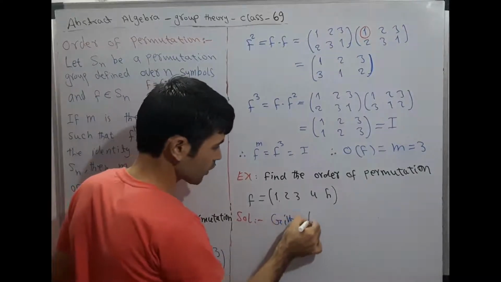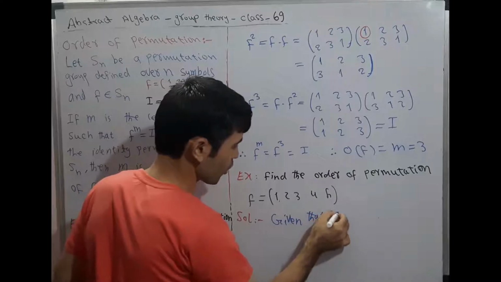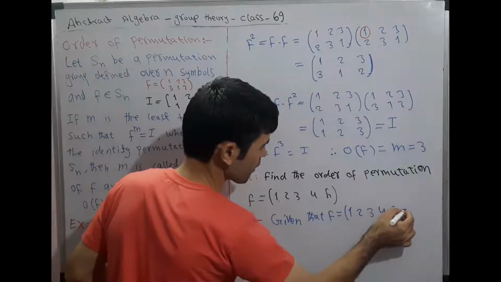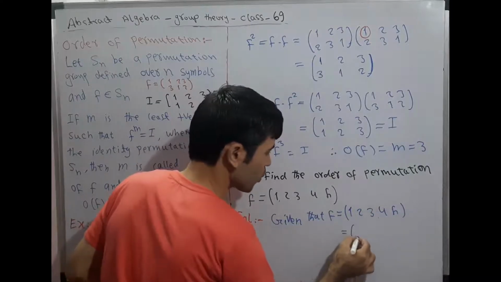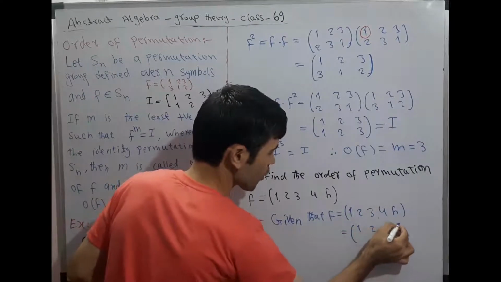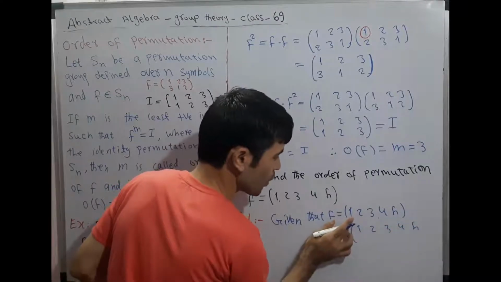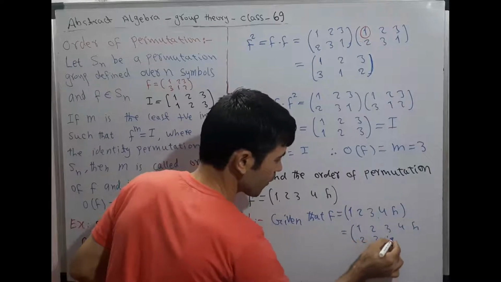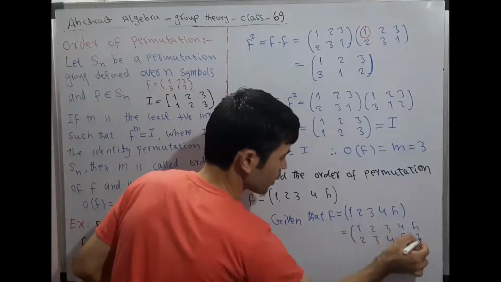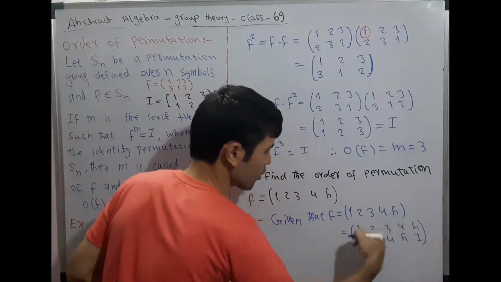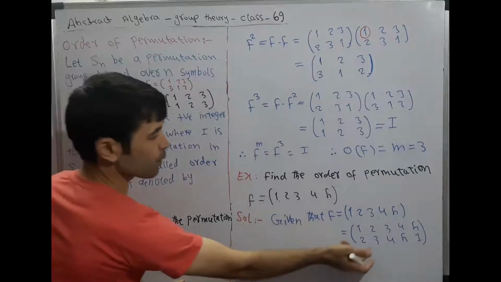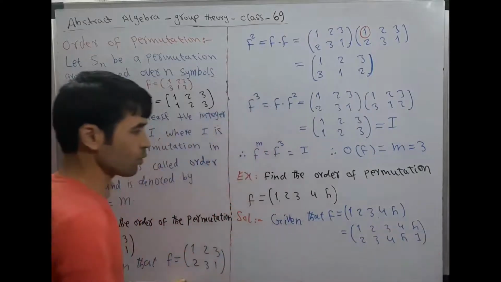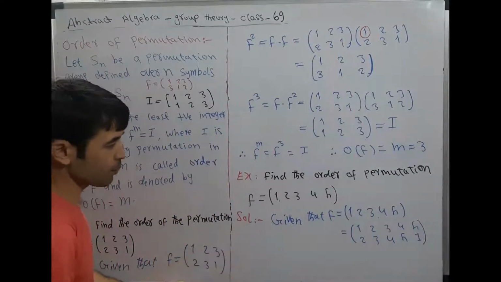Given that f is equal to 1, 2, 3, 4, 5. We do not change the first element, the second element is 2, 3, 4, 5, then the first element goes to the end. It is the permutation 1, 2, 3, 4, 5, 2, 3, 4, 5, 1. We want to find the order of this permutation.